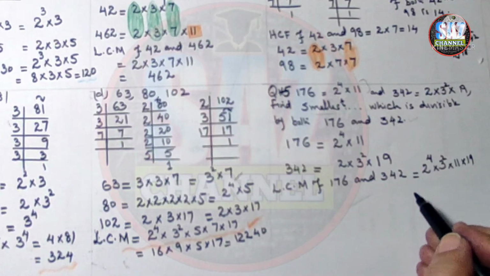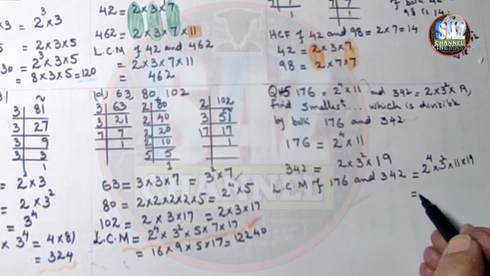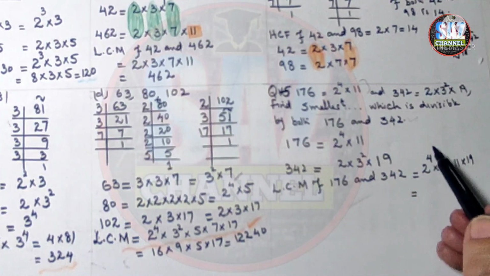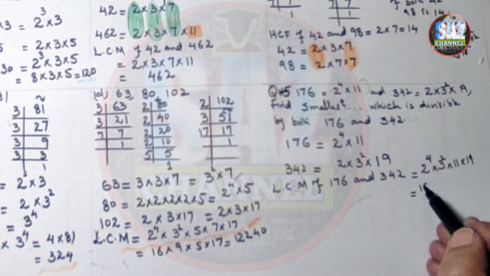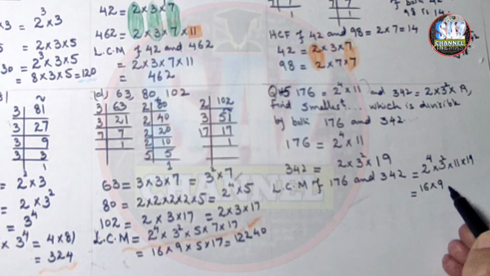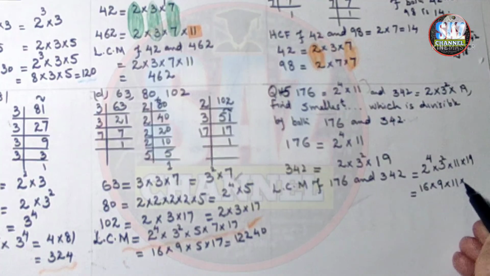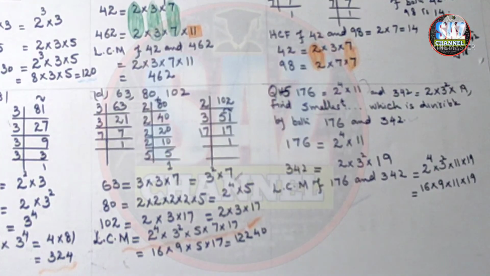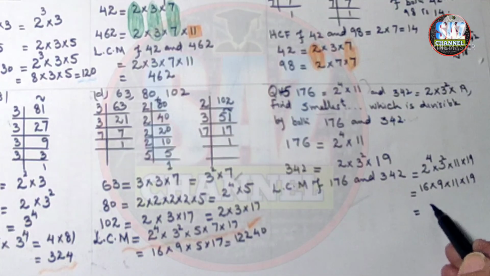But as we are doing these lessons for practice purposes, I will give the number completely. 2 raised to power 4 is 16, times 9, times 11, times 19. 16 multiplied by 9 is 144, multiplied by 11 and 19, and this gives me 30,096.